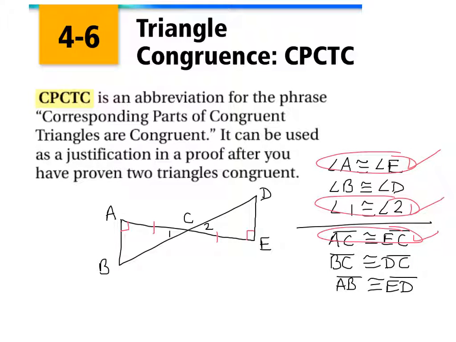But because of CPCTC, once you have proven triangles congruent, I can now state that all of the remaining pieces that I have not proven congruent are now congruent. So because the red ones we proved congruent, or they were congruent in the given, the blue ones are also congruent because the triangles are congruent. And the reason is because of CPCTC.